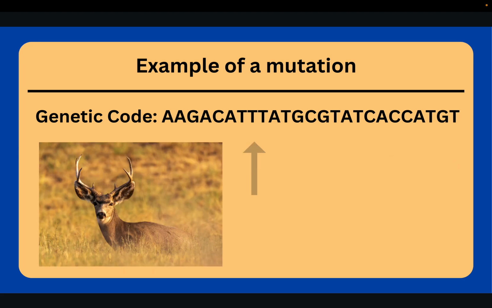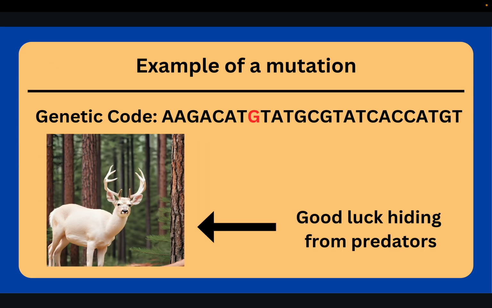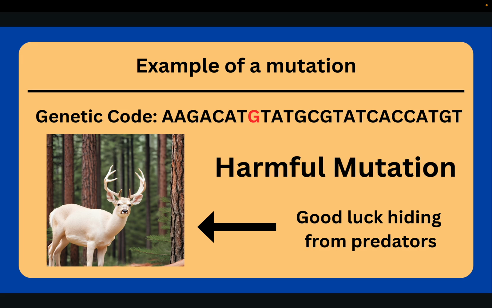Okay, last one. This letter T right here. It was supposed to be a T, but then when he was born, there was a mutation right at conception. It got changed to a G, and now instead of looking like this, the deer is born like this, albino. All right? If you live in a green forest and you are stark white, it's kind of hard to hide from predators, right?